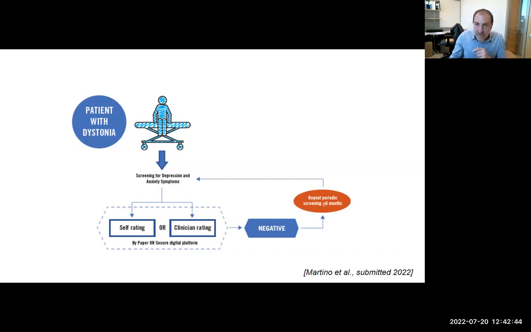I just want to give you some key points of this new proposal for a care pathway for depression and anxiety screening and management in people with dystonia. The key points are that we need to screen periodically for these symptoms using self-rated instruments, and at the moment we can utilize the ones that have performed the best in accuracy studies, like the PHQ-9 for depression, or the Beck Anxiety Inventory for anxiety, and that if patients screen negative, screening should be repeated every 6 months.